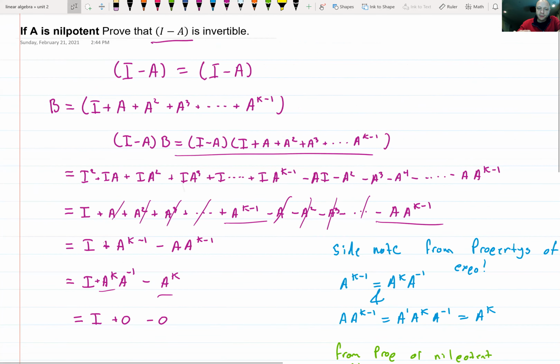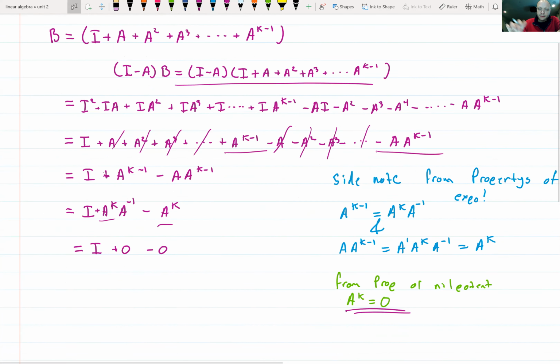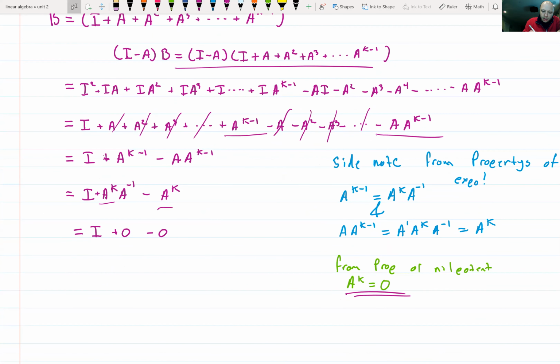So if we go back up to here, we can see that I minus A times B, these cancel, or 0, it doesn't matter, equals I. So from this statement, we can say that, therefore, I minus A is invertible.